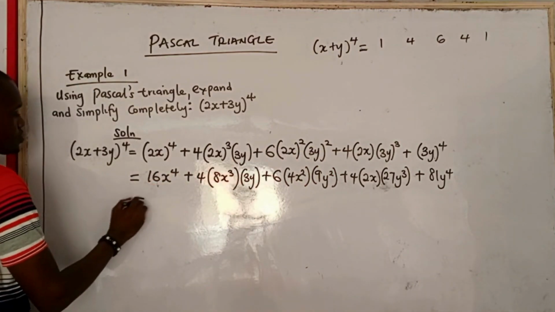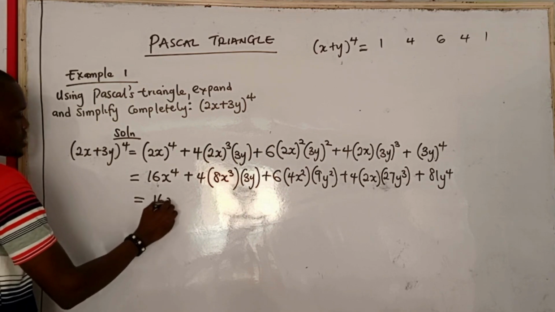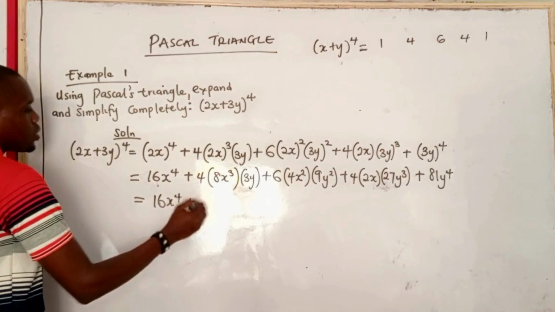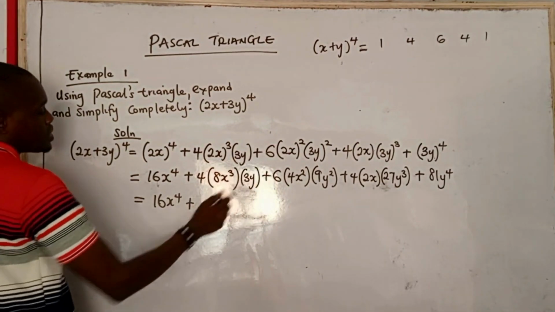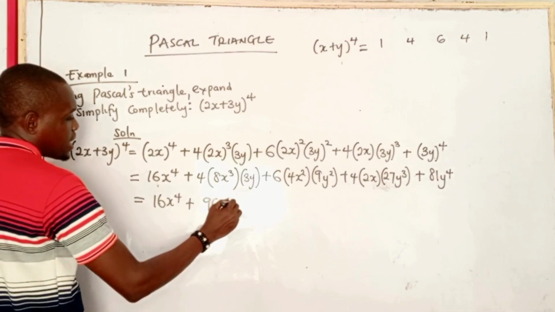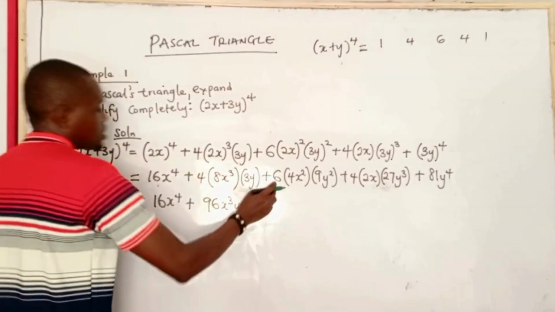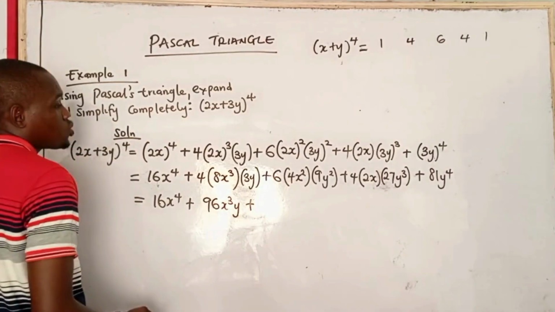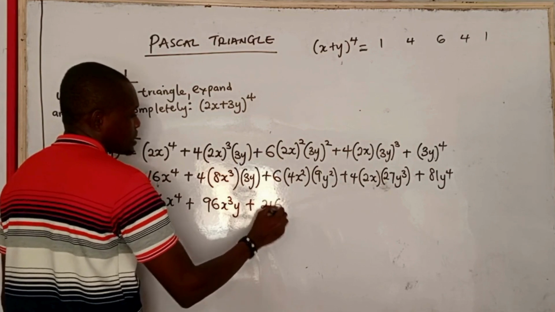So by the time we multiply and wrap up here, we are going to have 16x to the power of 4, plus 4 times 8, that is 32. 32 times 3, we are going to have 96. Then we have your x to the power of 3, then you have your y. Plus 6 times 4, that is 24. 24 times 9, that is 216.